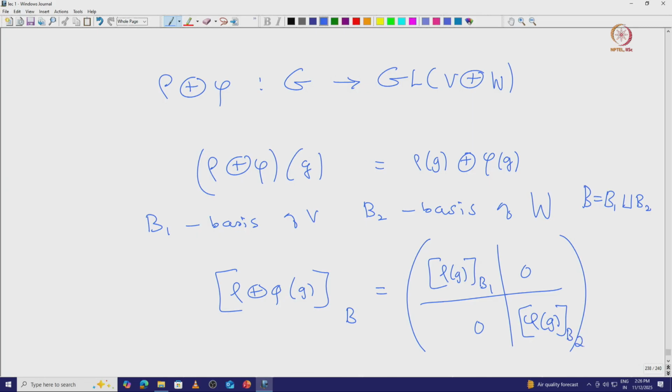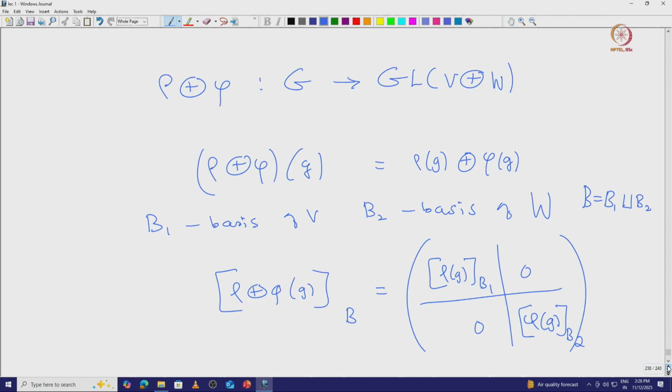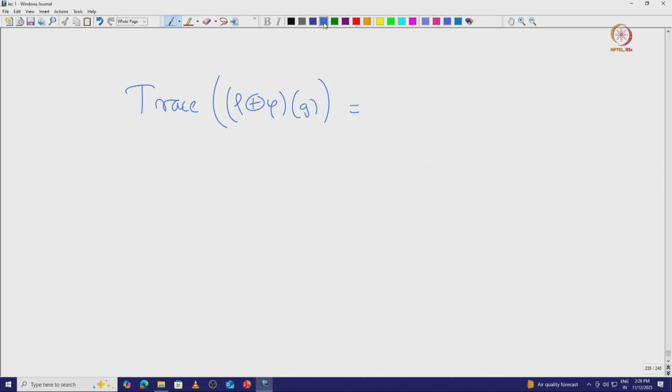So, if we compute the trace, what happens? The trace of this rho direct sum phi of g is going to be equal to the sum of the traces of these blocks. That means this is exactly equal to the trace of rho g plus the trace of phi g.